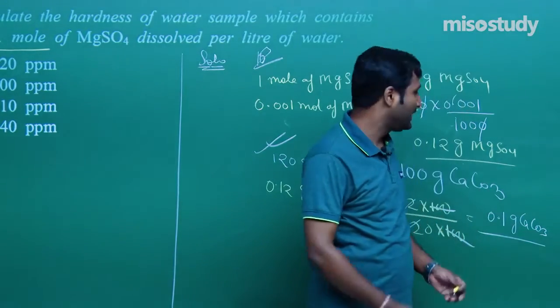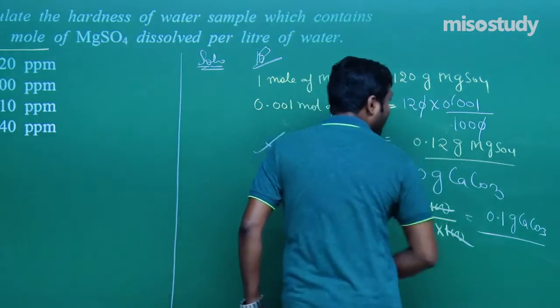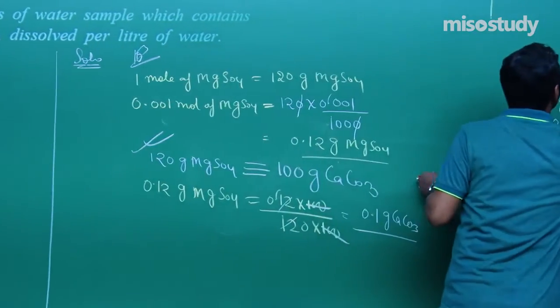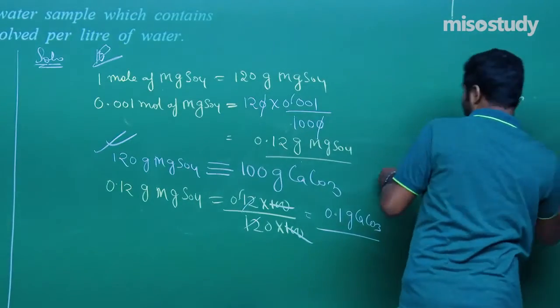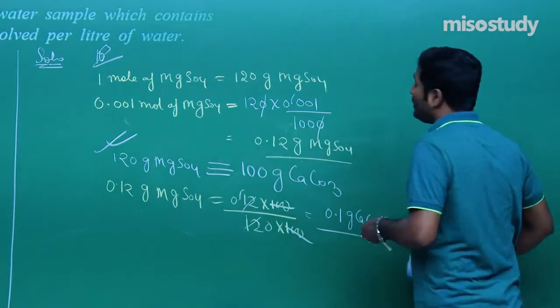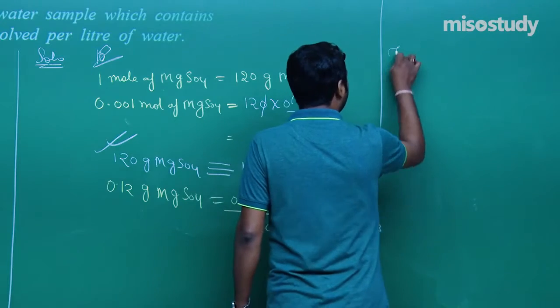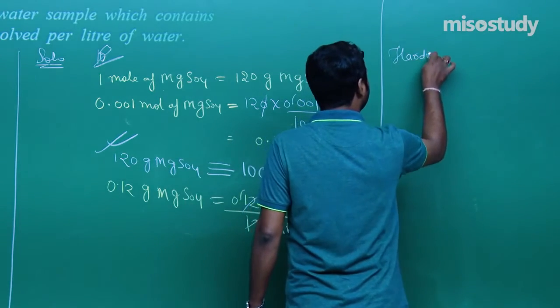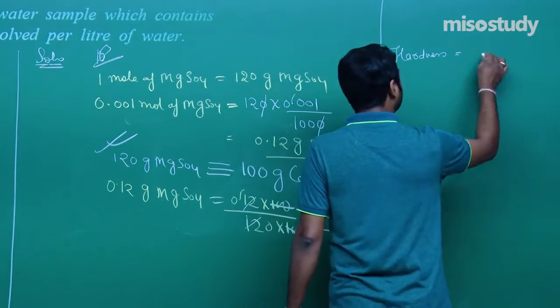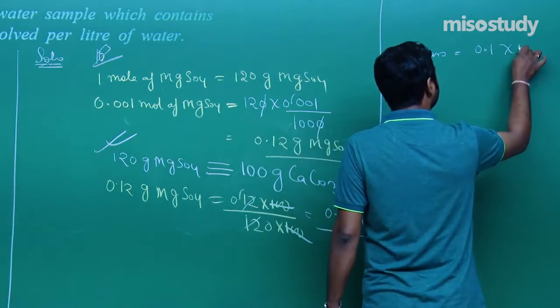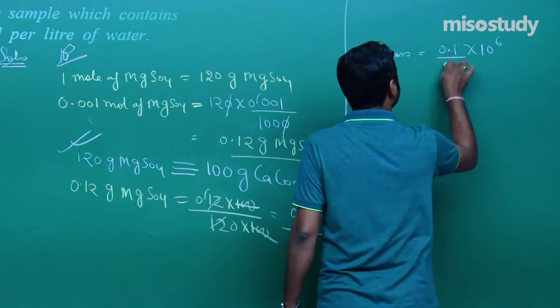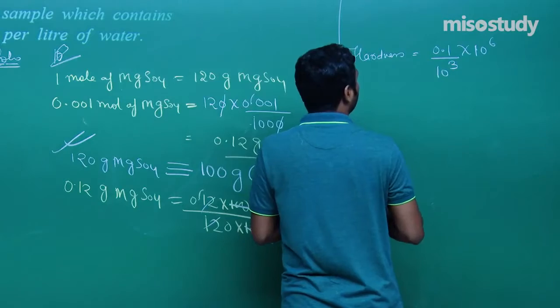So we can say per liter, that is 10 to the power 3 gram, contains 0.1 gram, and we know degree of hardness is measured in ppm. 10 to the power 3 gram contains 0.1 gram, so 10 to the power 6 gram contain. So completely now we write hardness is equal to 0.1 into 10 to the power 6 divided by 10 to the power 3.